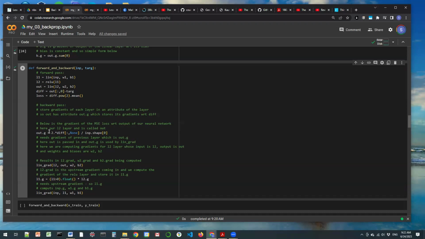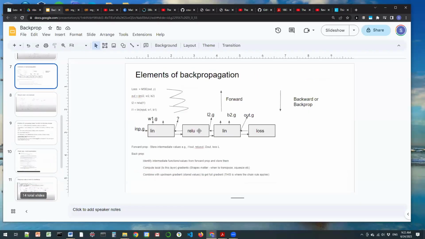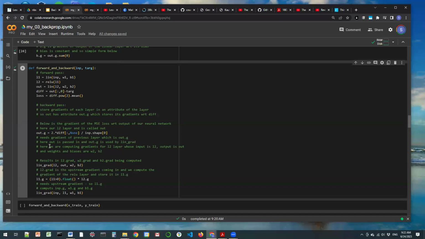And that's what is put in the out.g. And this exactly corresponds to this out.g that I have here. So I'd encourage you to look at this diagram, fill out the details, and work through the shapes corresponding to what happens in the notebook.